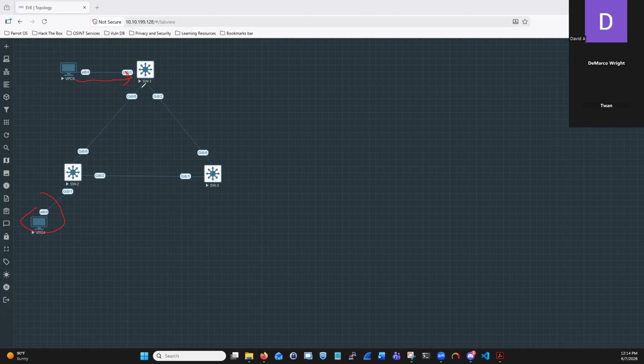It's going to do a broadcast, and until it gets a response, then it's going to forward that frame to the proper port. But without that, unknown unicast flooding is going to send it out all ports except for the port that it was received on.